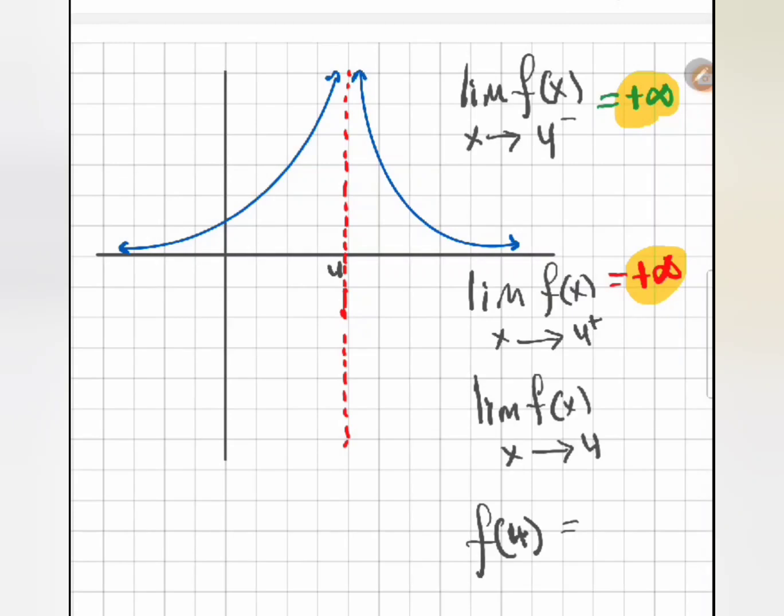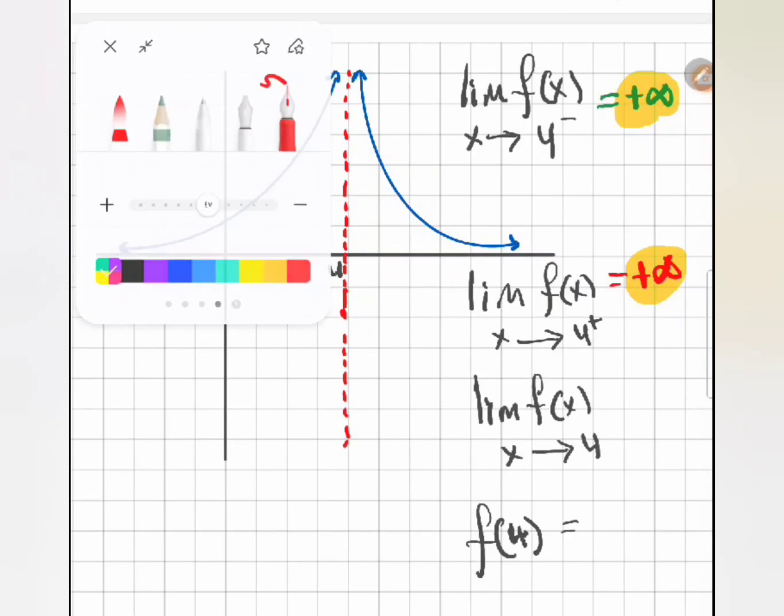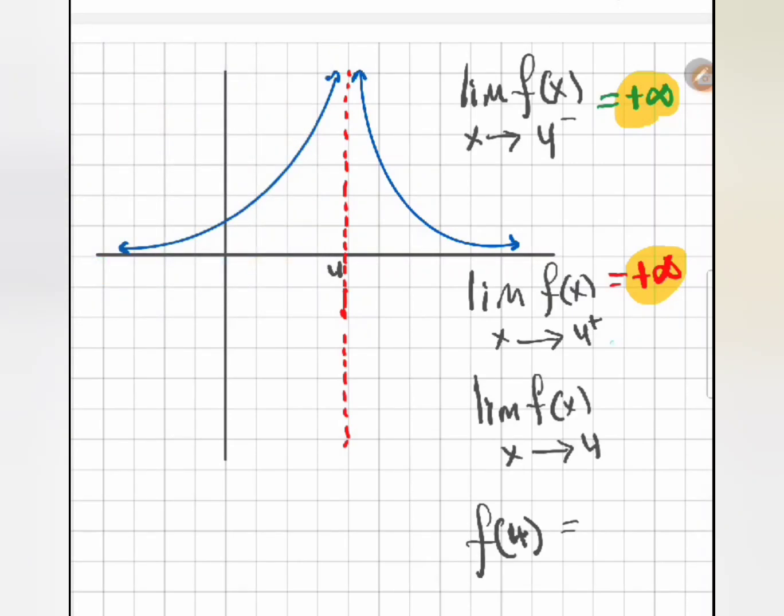Now, granted, infinity is not really a number. I mean, infinity could be a million, a billion, a trillion, or just something that's never ending, it just keeps increasing. So because it doesn't converge to a specific value, you could also say that this limit does not exist. Some textbooks will have this answer, some will have infinity.